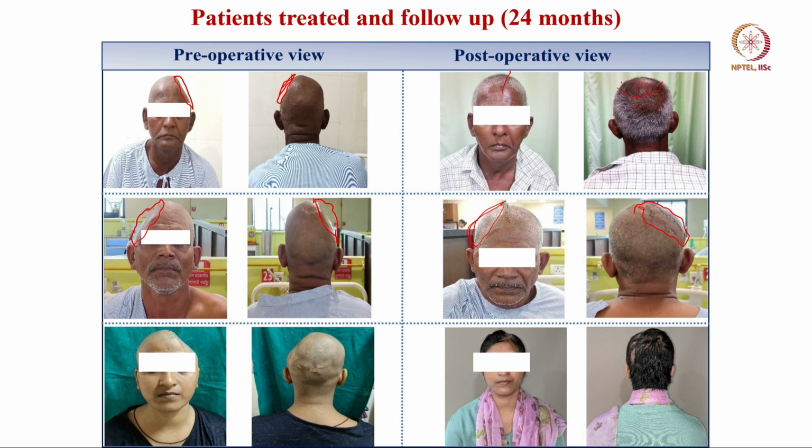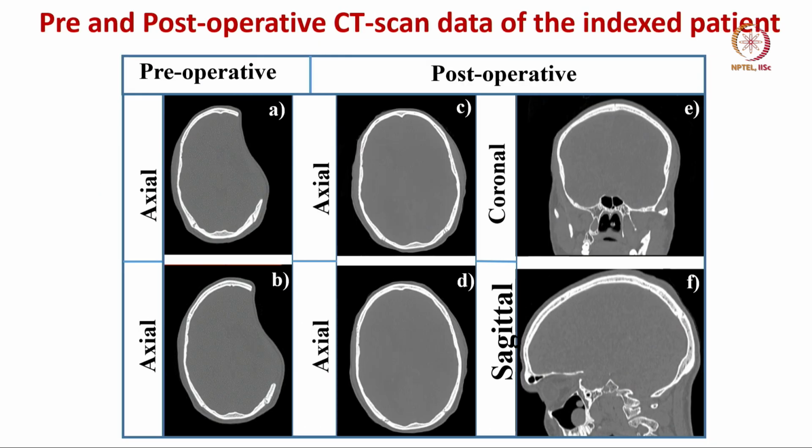These are young women patients, where this part of the skull that was missing has been reconstructed during this reconstructive cranioplasty surgery. And these patients were followed up to 2 years in India.